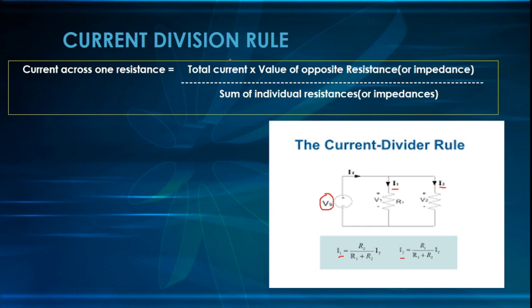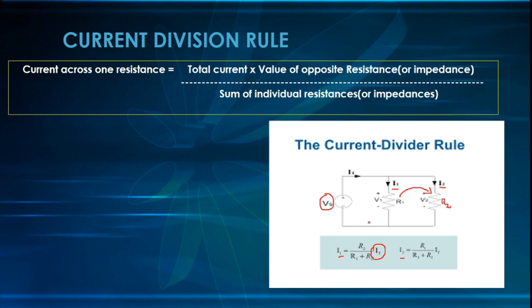Now let us see how to measure for this particular circuit. If you want to measure the current through R1, then I1 will be the total current, which we represent as IT here, times the opposite resistance where the current gets divided. What is the opposite resistance?